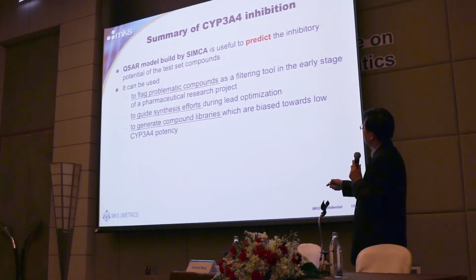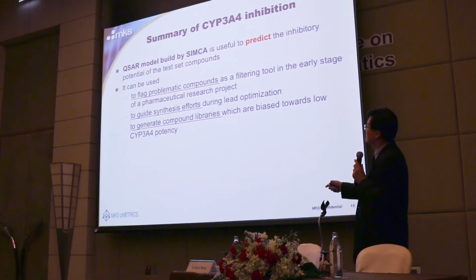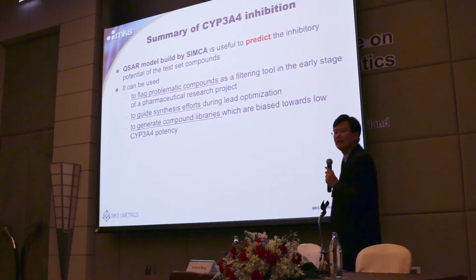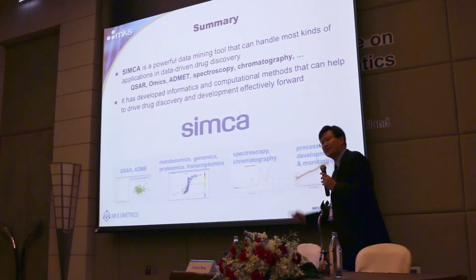The value it brings us is that it can be used to flag problematic compounds as a filtering tool over here. And it can also be used to guide synthesis efforts during lead optimization. It can be used to generate compound libraries over here. So here is the summary of the second example.